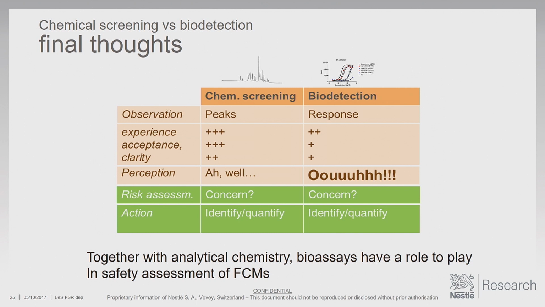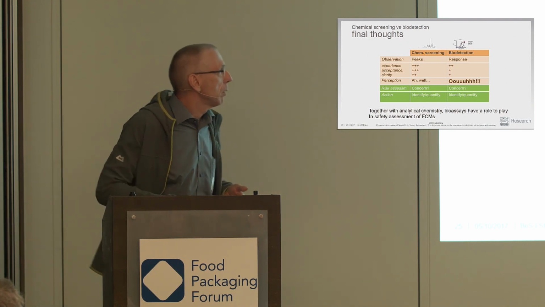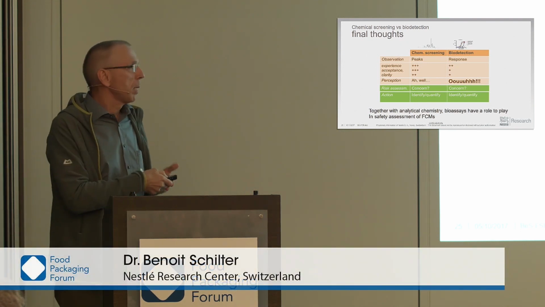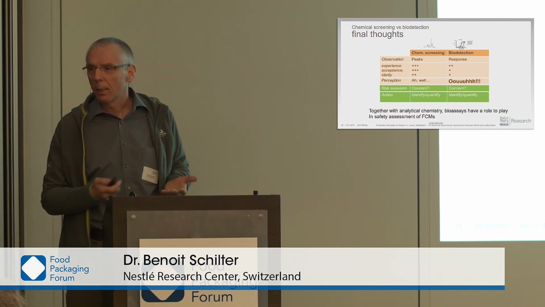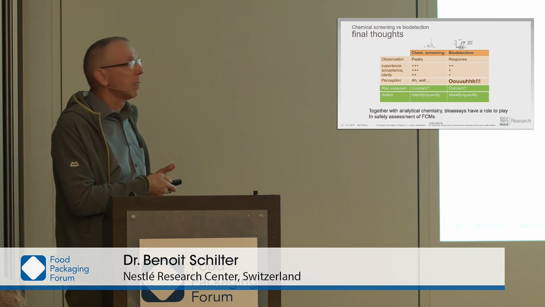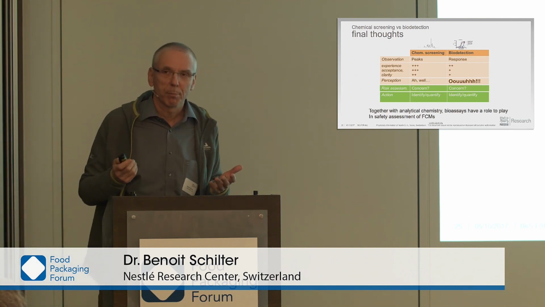You look at a chromatogram, and there are peaks, and we know that there are peaks, and it's normal because packaging material is just chemicals. Now we are getting into biodetection. You don't get peaks, you get a response. And we have much less experience. It's much less accepted. And we say, wow, what's happened here?